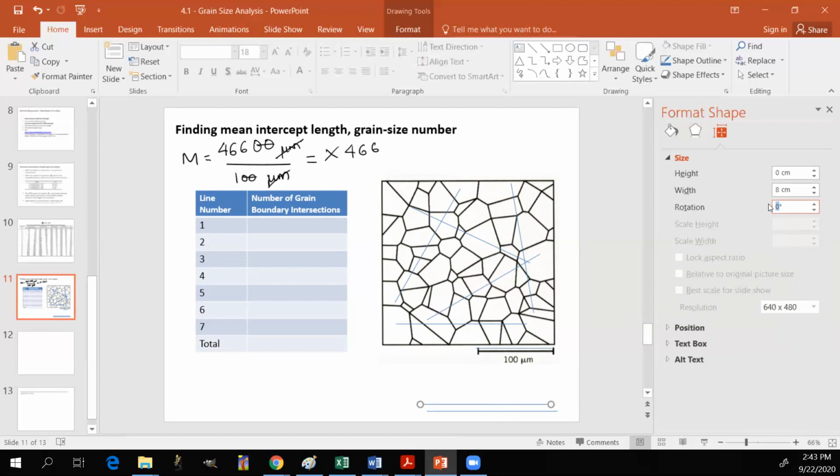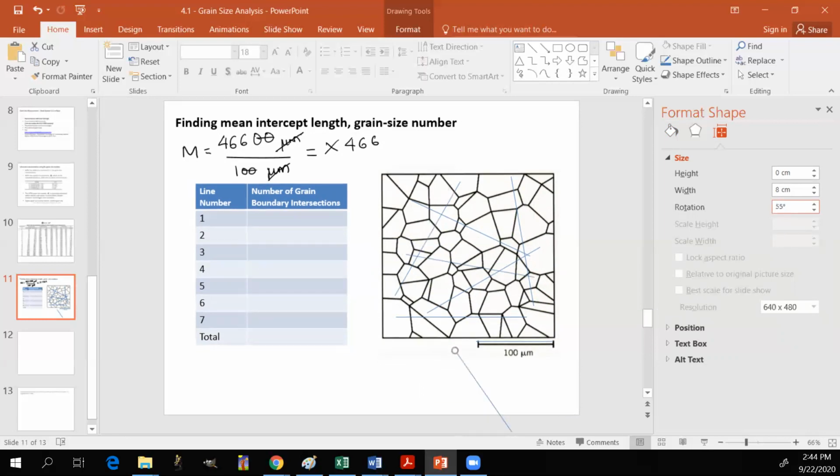Let's take this guy and orient him just a slight bit. And you want to try to capture as many different locations as possible to, again, increase what the odds are going to be. And then for the last line, let's have it go at minus 55 degrees, like that.